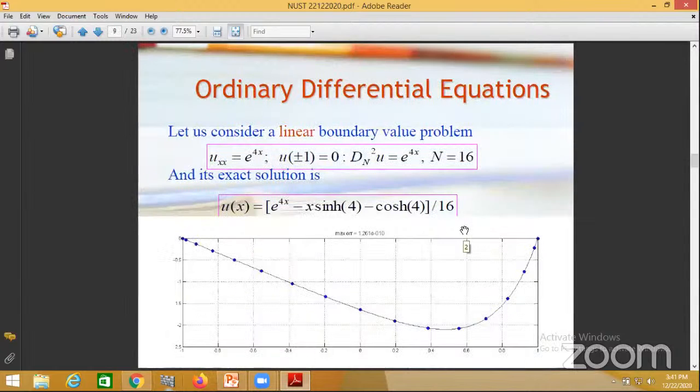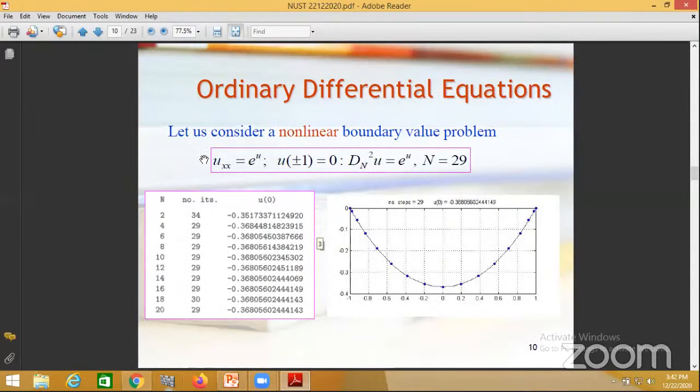By applying a similar procedure, we obtain the solution of this linear boundary value problem by using the same method. One can see that this is the exact solution of the differential equation. The error is up to 10 raised to the power minus 10.